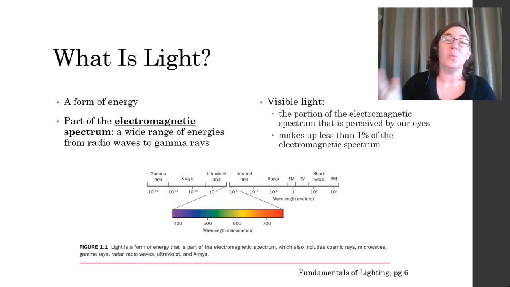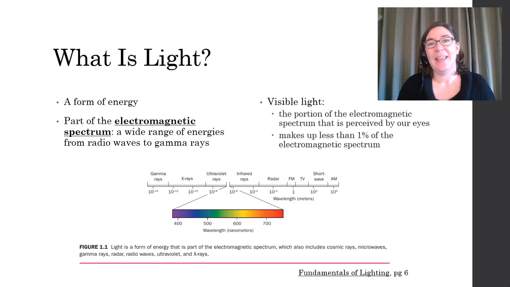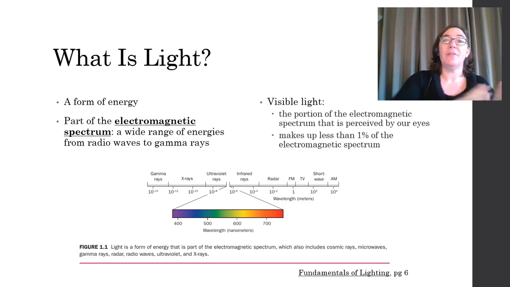So starting at the basics, what is light? It is a form of energy. Light is part of the electromagnetic spectrum, which, if you reach way back into maybe some high school physics classes, is a wide range of different kinds of energies, from radio waves to rays.